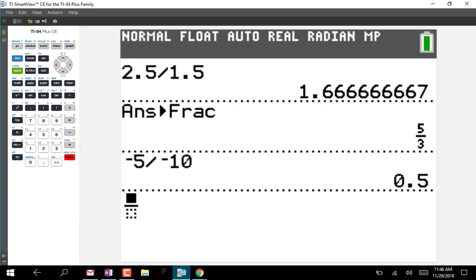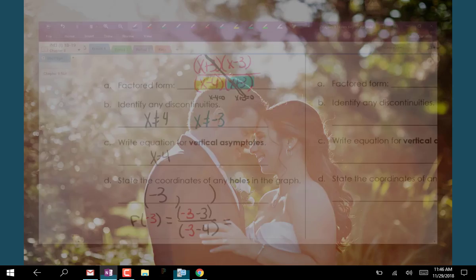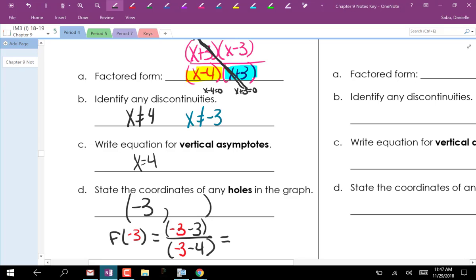So you guys had -3 minus 3 all over -3 minus 4. We got that right. Cool.